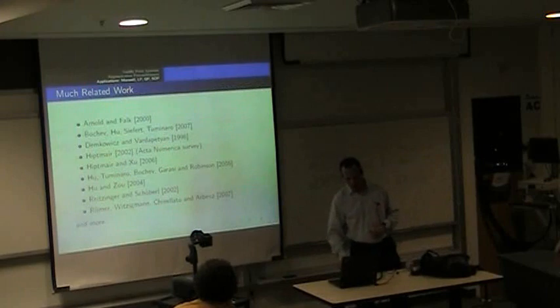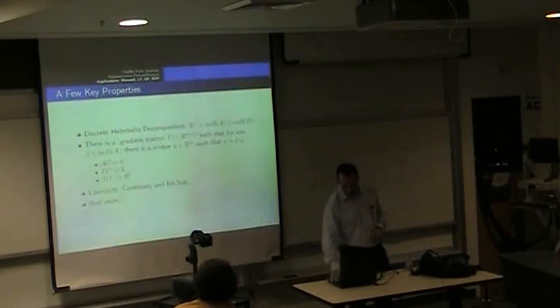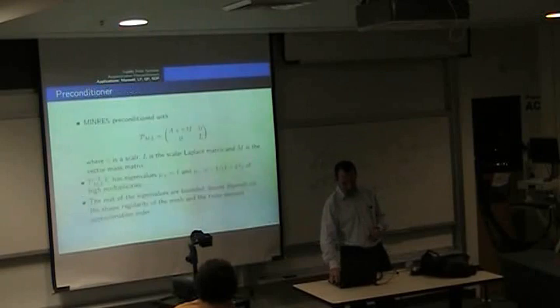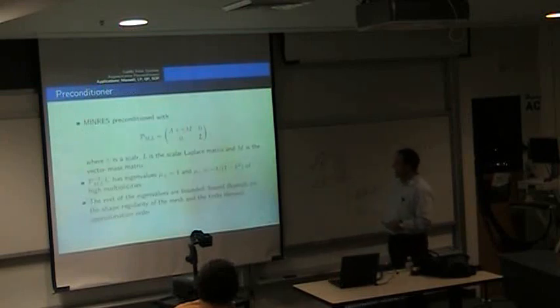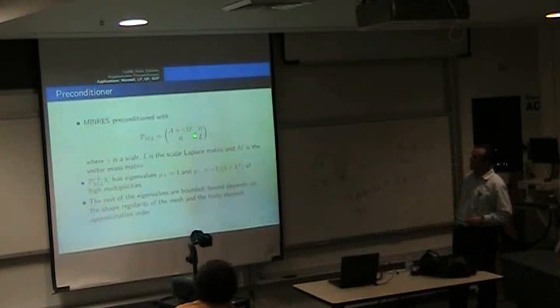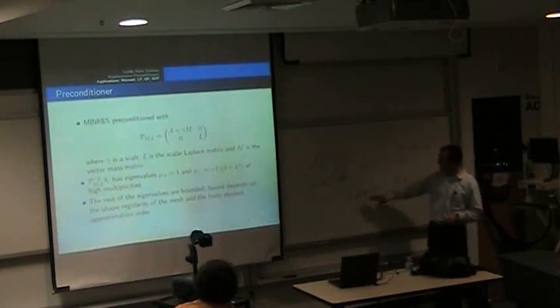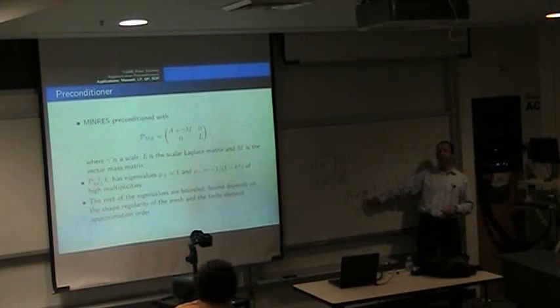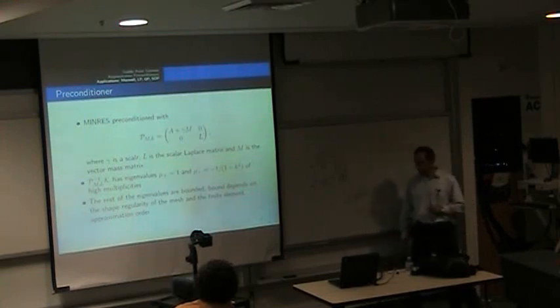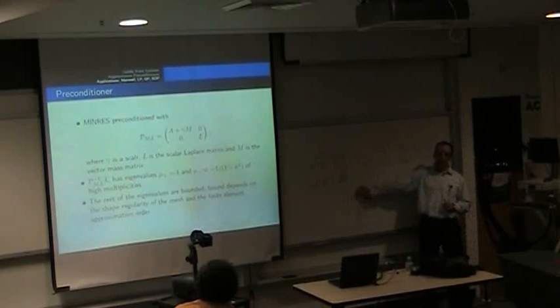This is the combination of much related work, and a few key properties that in the name of time I will skip, but I want to show you one thing, and that is that in the end of the day, we can do this, except we want to replace this by something that is easier to solve, okay? So what we do to solve that is basically to take all this matrix, this big matrix, and I don't know to what detail I want to get into it.